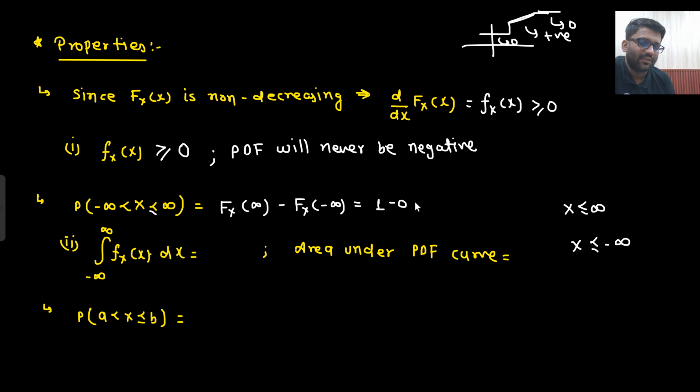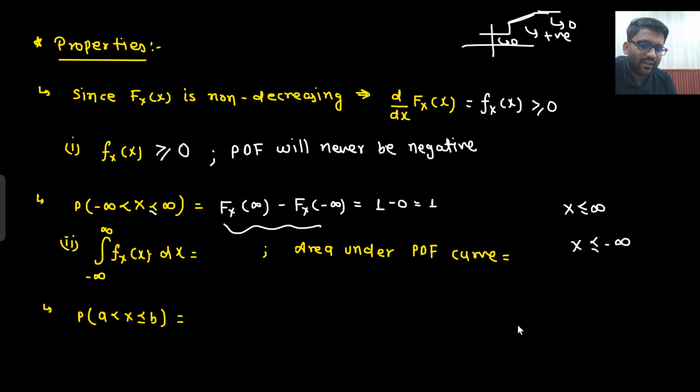That would be 0. So between minus infinity to infinity, your probability will be 1. And it is very obvious, no? Just think about it. Your random variable will take any value between minus infinity to infinity only, no? Whatever the value it will take, it will always be between minus infinity to infinity only, no? Are you able to understand this point?